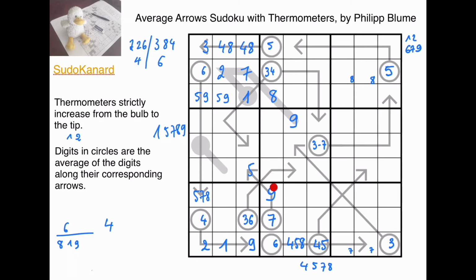On this column, we still need 1, 2, 3, and 4. So here, those are small digits. And can this be a 6? I get the feeling that we get only small digits on this arrow, which make this average of 6 very troublesome.